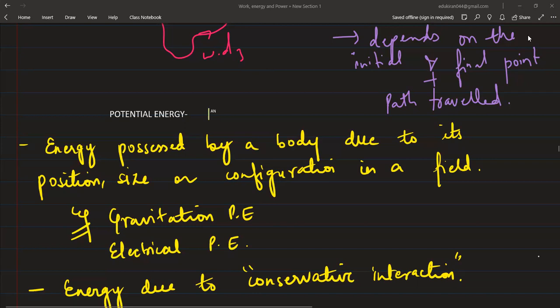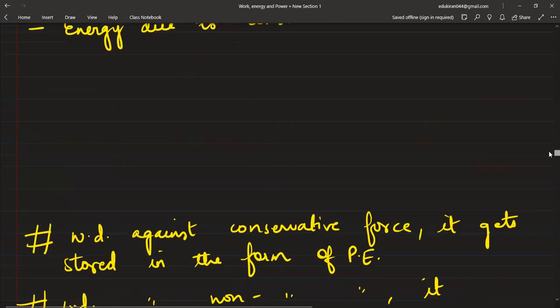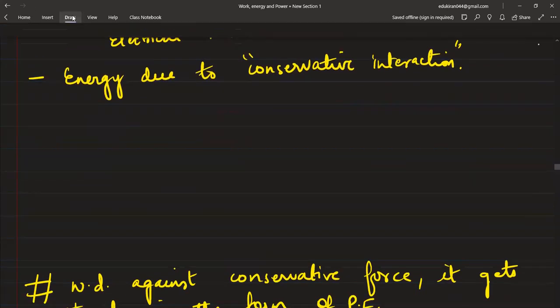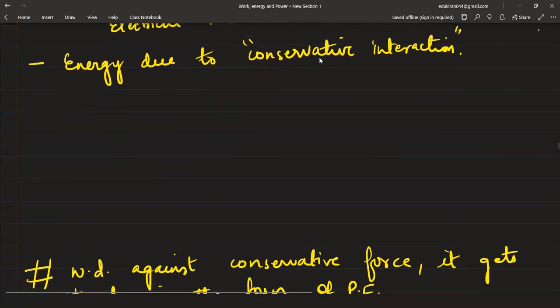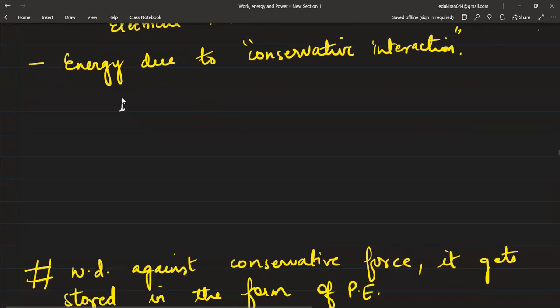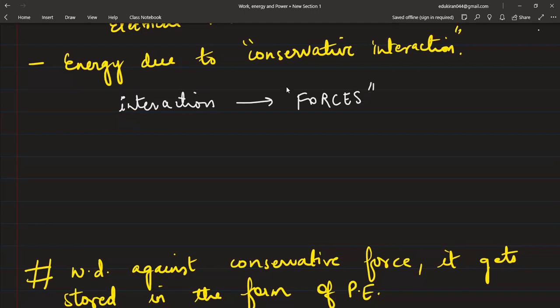Now, you have to understand things through a different perspective, that is the conservative interaction. So what is meant by a conservative interaction? See, the term interaction means forces.